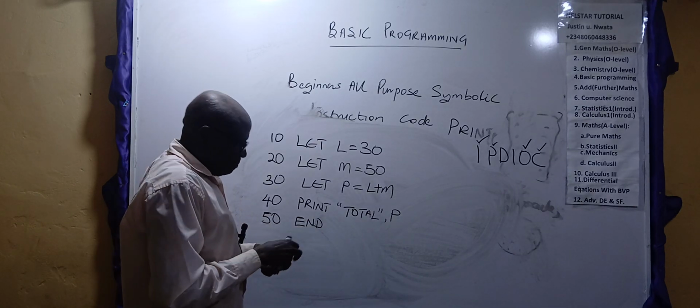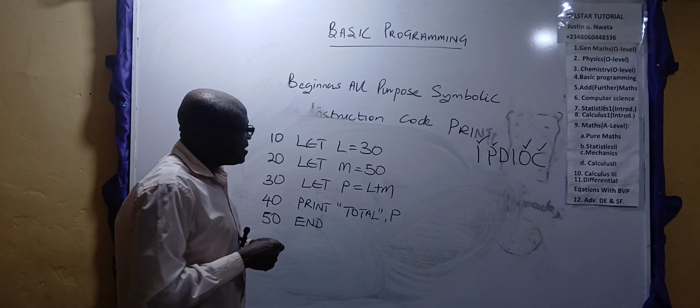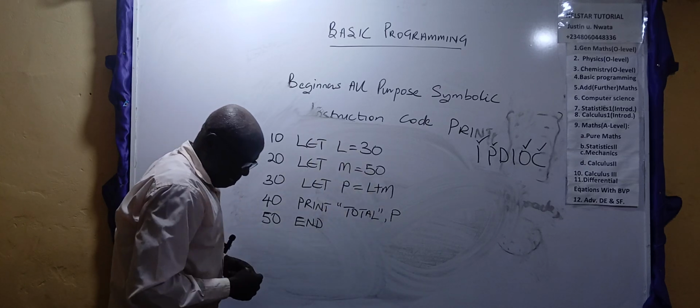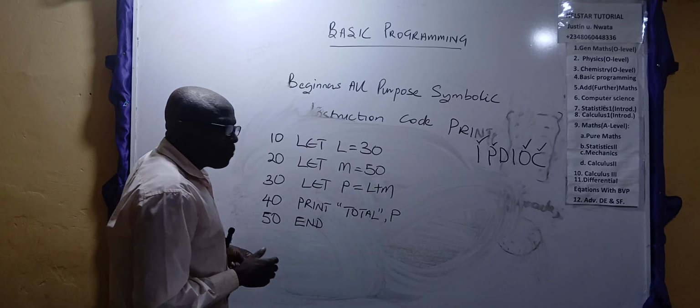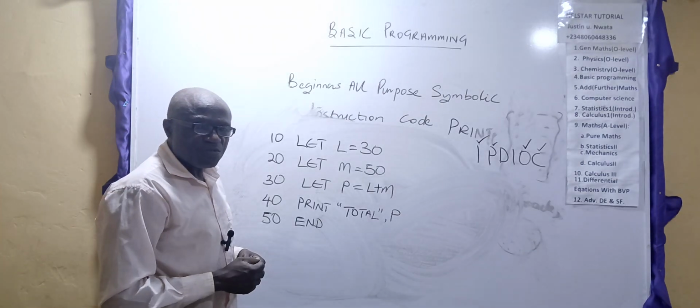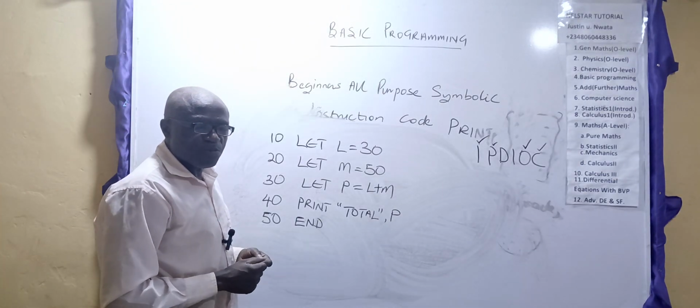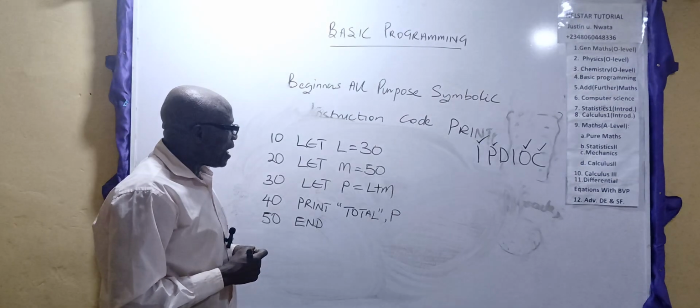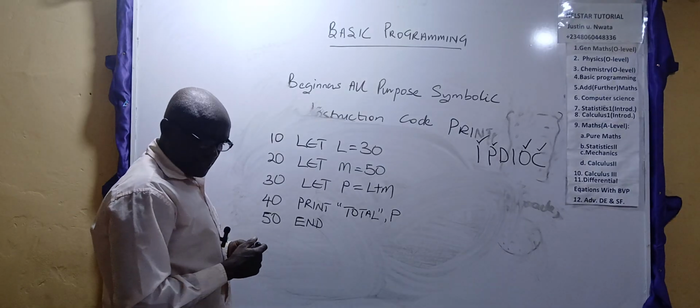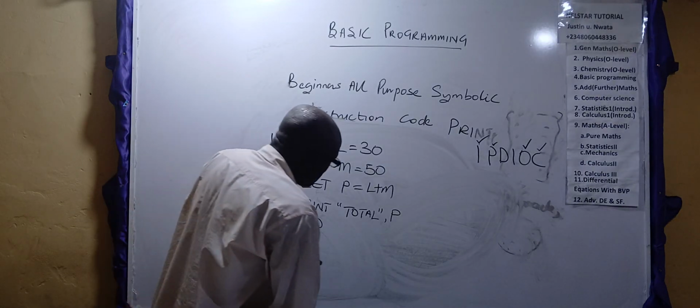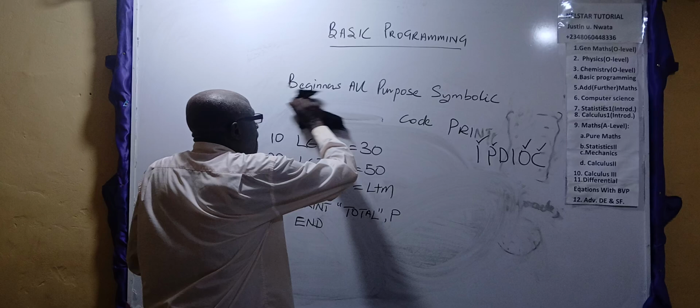I told you that every computer program is meant to solve a particular problem. What do you want to solve? The program to add two numbers. That's the instruction which you want to execute using the computer.